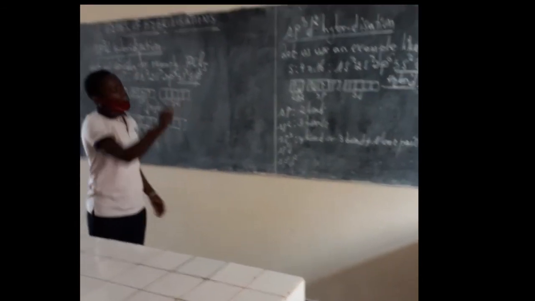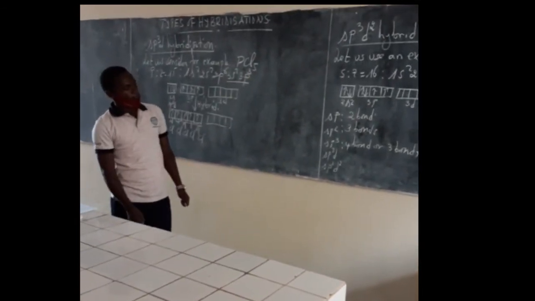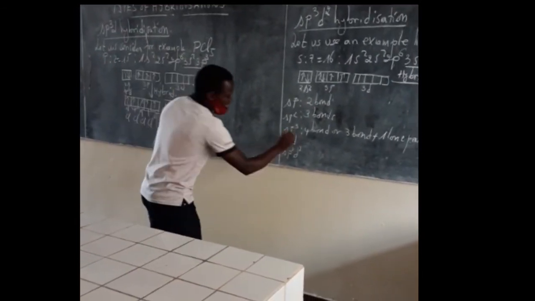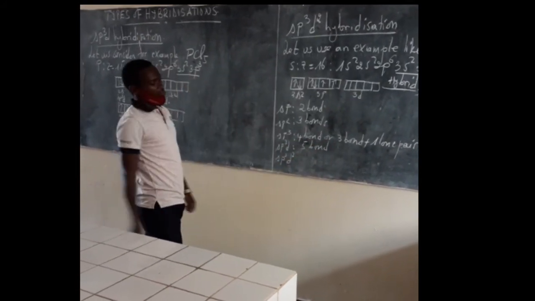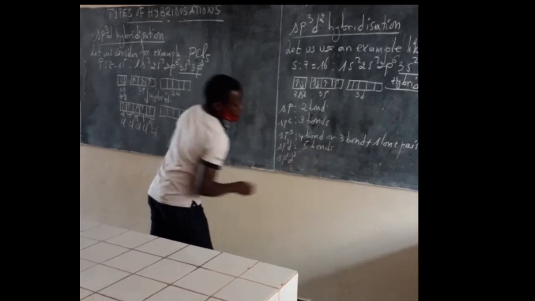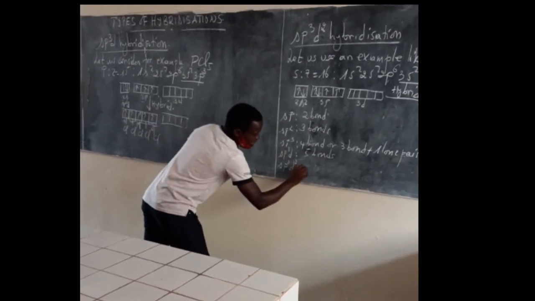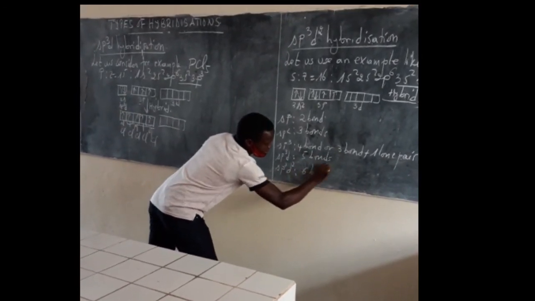They all have sp3 hybridization. In this case, I have 5 bonds in general, and for this one, I have at least 6 bonds.